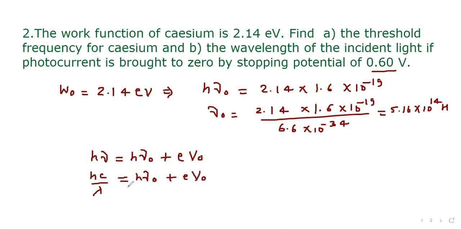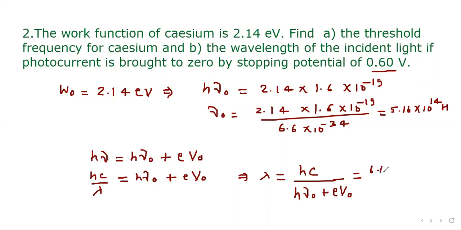and we have to find out lambda. So for that we write, we take lambda to the RHS, and then it will become lambda equals hc divided by hν0 plus eV0. Now we can put the values.